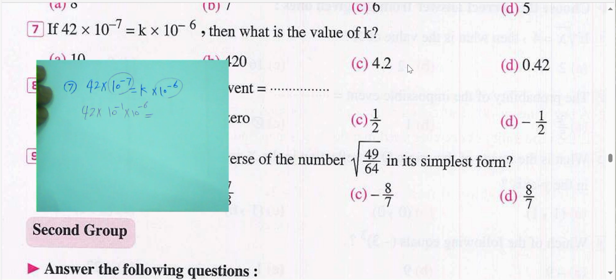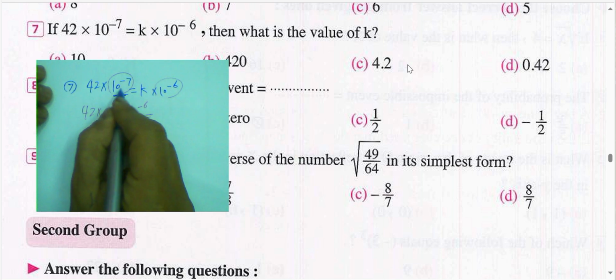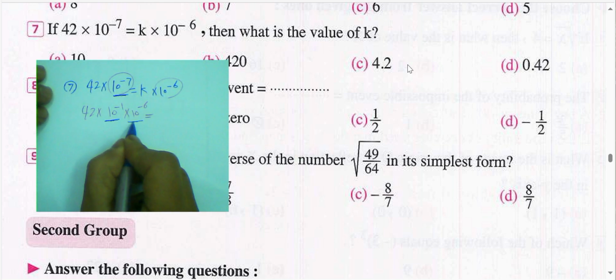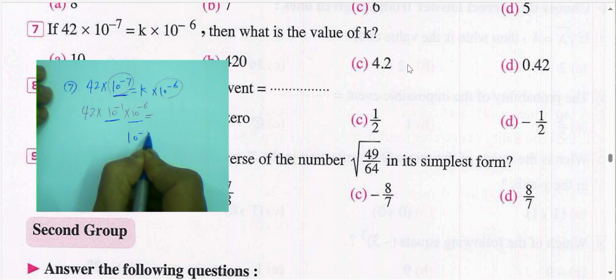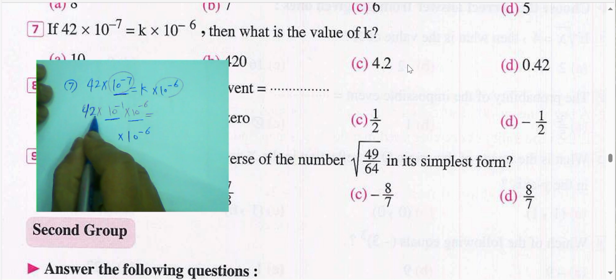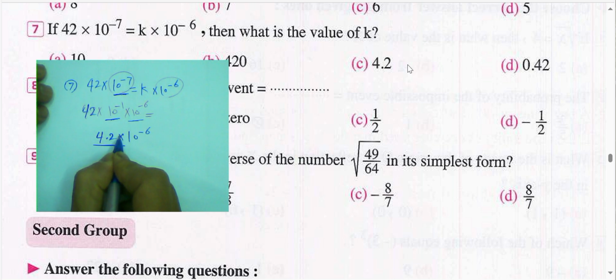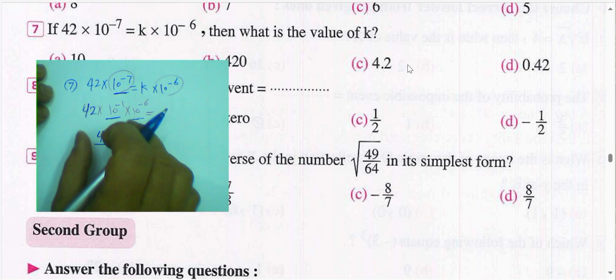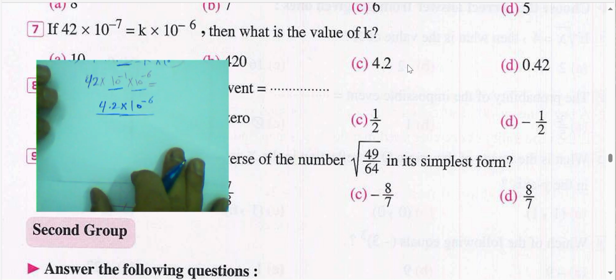It's the first solution, okay? We have 10 power -7 equals 10 power -1 times 10 power -6. We can write 10 power -6 and 42 times 10 power -1, which will be 42 divided by 10, which will be 4.2. The result will be 4.2 times 10 power -6. Or you can solve the example by converting this number to scientific notation.